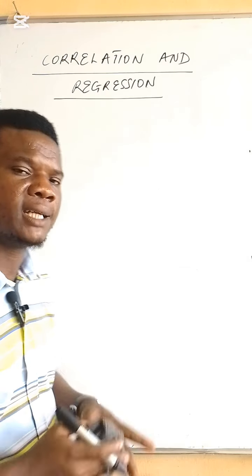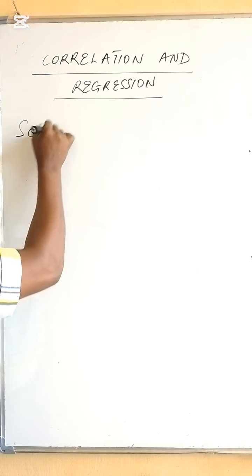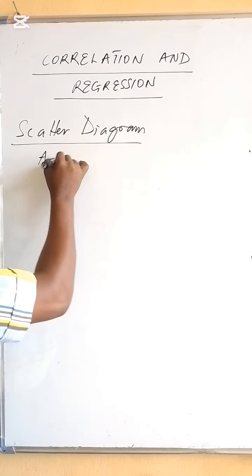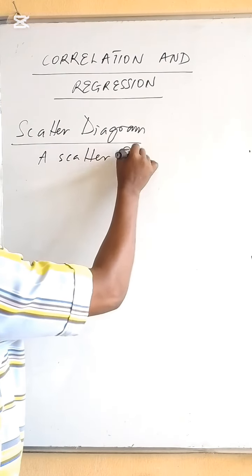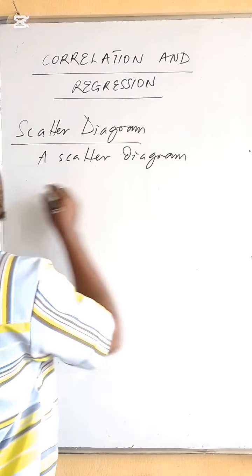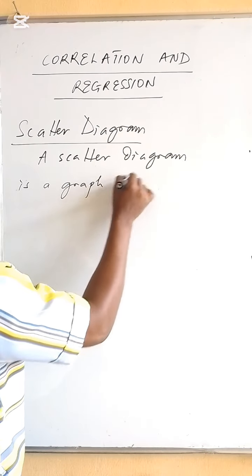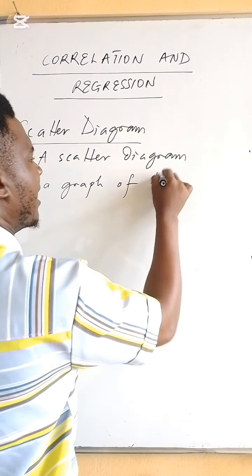Now let's consider what we call a scatter diagram. Simply put, a scatter diagram is a graph of the bivariate data.